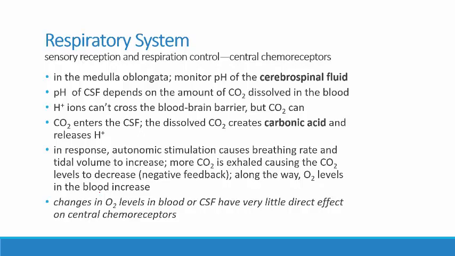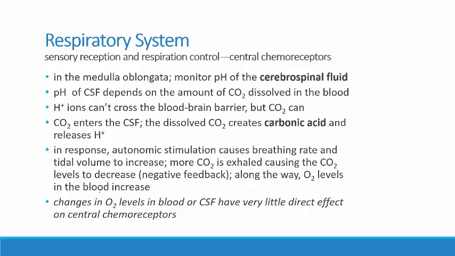And it depends then on the amount of CO2 that's dissolved in the blood, because capillaries go right near cerebrospinal fluid, so very quickly acidic blood will result in acidic cerebrospinal fluid.